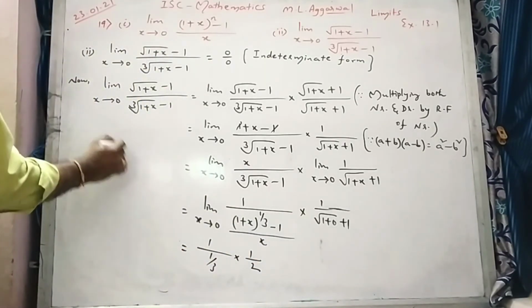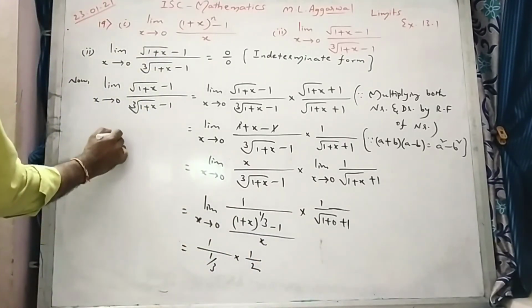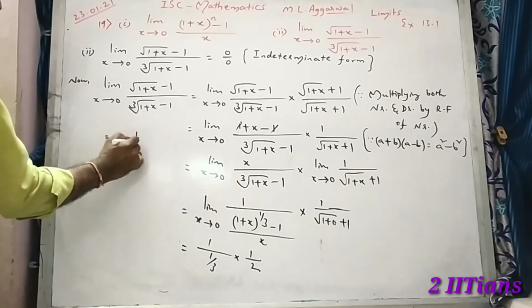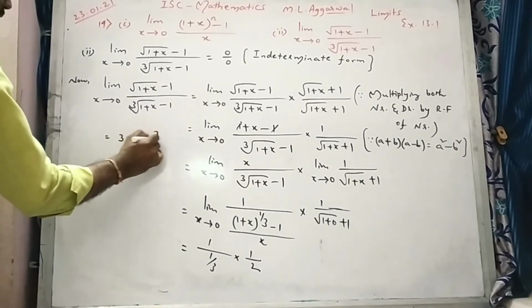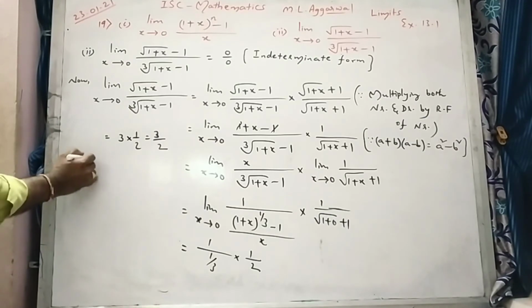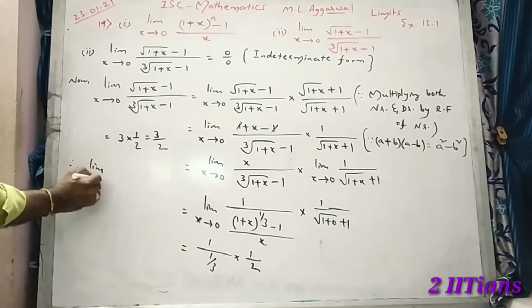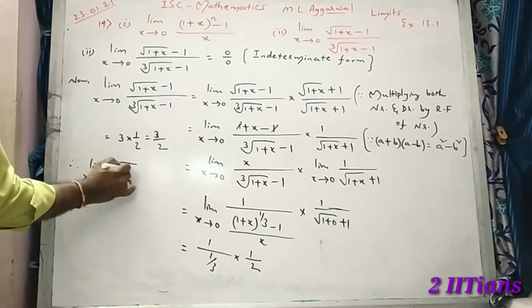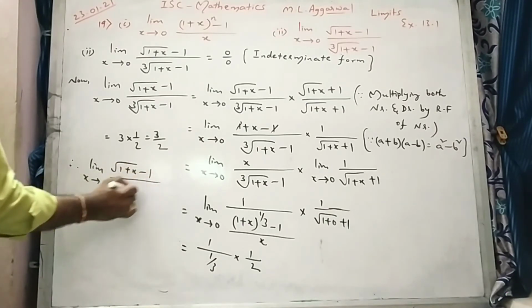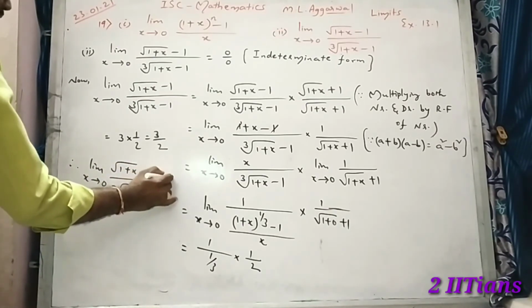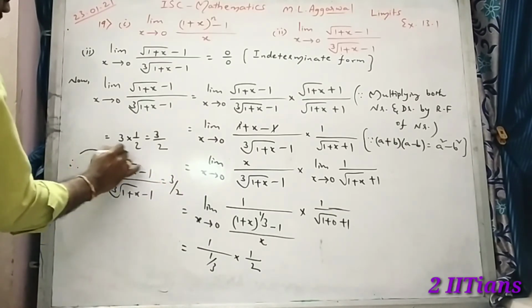So that equal to, this will come into the numerator, 3 into 1 by 2. That means 3 by 2. Therefore, limit x tends to 0, square root of 1 plus x minus 1 upon cube root of 1 plus x minus 1, value 3 by 2.